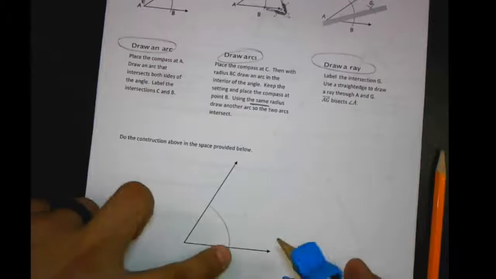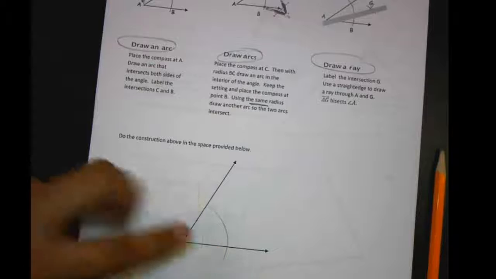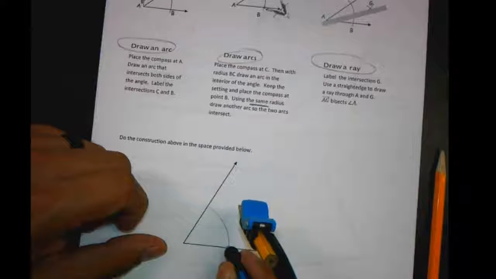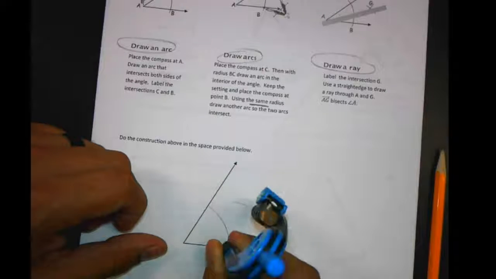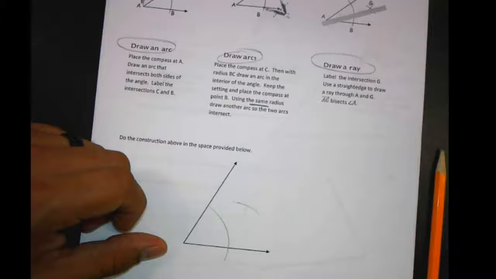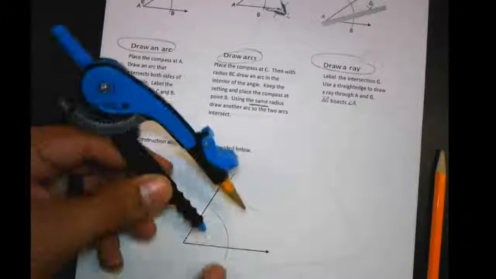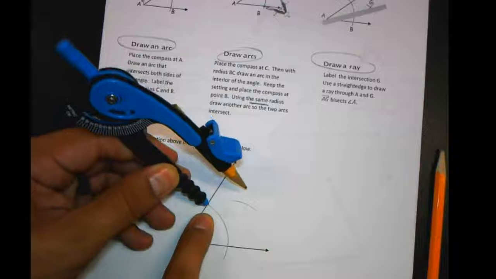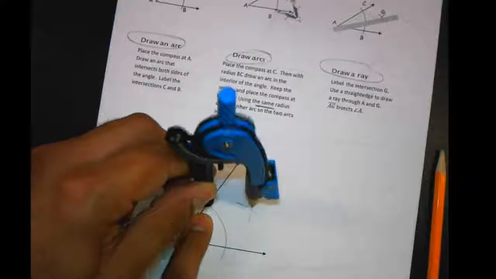Make two arcs, and you gotta look. From here and from here. From each of those intersections, you're going to make an arc that's going to make an X shape. So I made an arc out here in the middle. I go to the other side, the other intersection, and I make an arc out there in the middle.